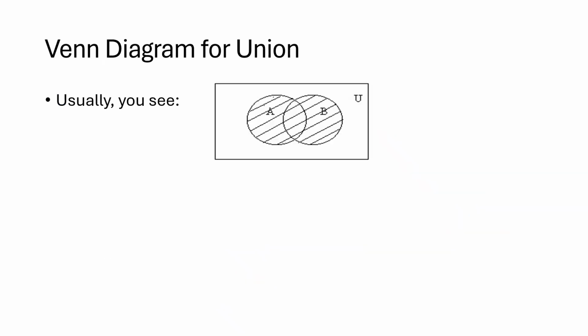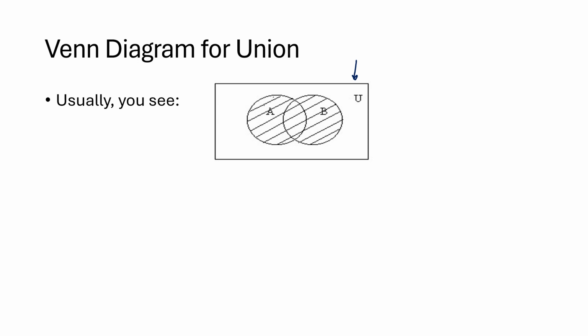Now, this is a good time to introduce the concept of a Venn diagram, which we use in different situations when we are dealing with sets. So what we usually do is use a rectangle to represent the universal set. You see this U here, so that's the area of this rectangle. And then for other sets, we use circles or oval shapes to represent different sets.